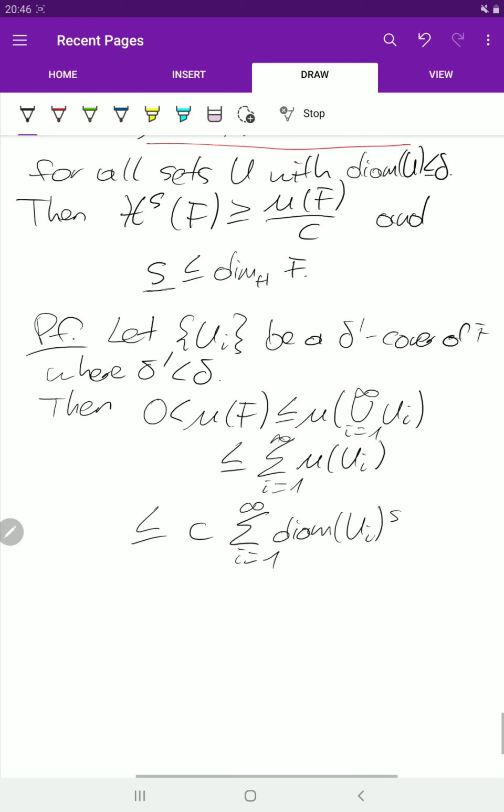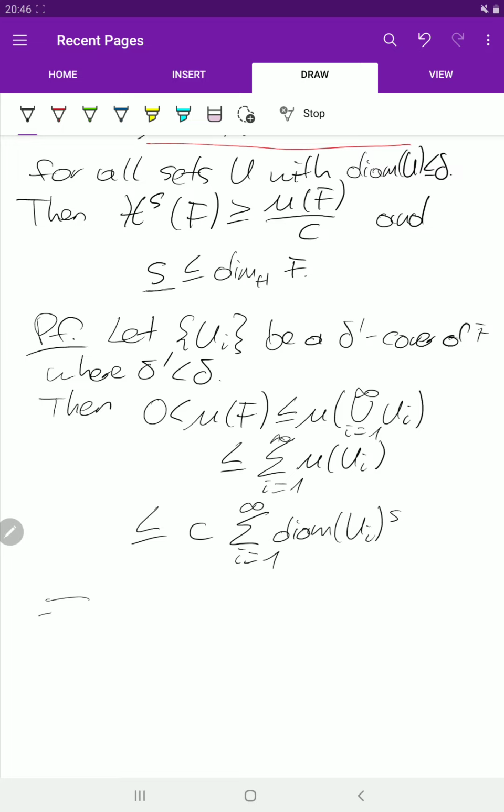Okay, so now let's see what we have. Here we have this sum of the diameters to the s, and this reminds us of the definition of the Hausdorff measure.